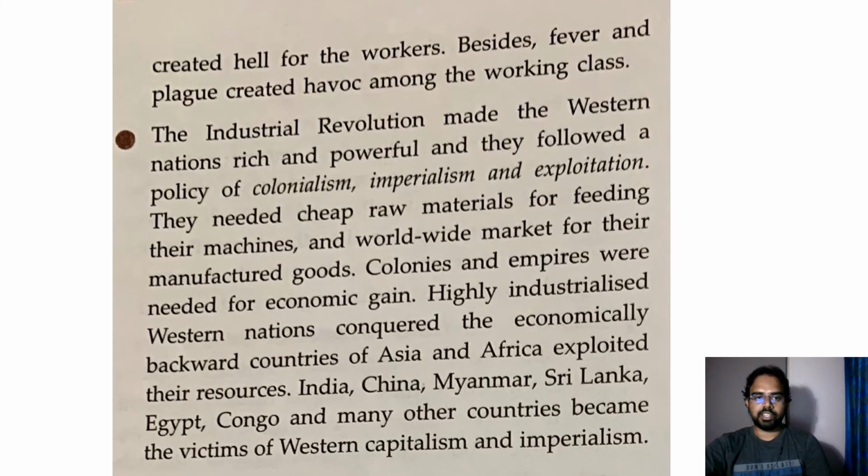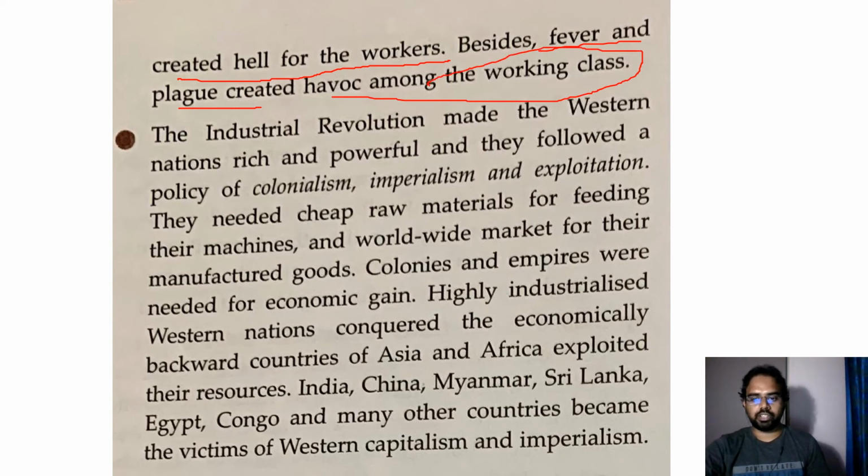When such situations prevailed and were faced by workers, they also had fevers, and plague created havoc among the working class. So automatically, when hygienic conditions and very poor working conditions are present, what will happen? Very bad food is given to workers.